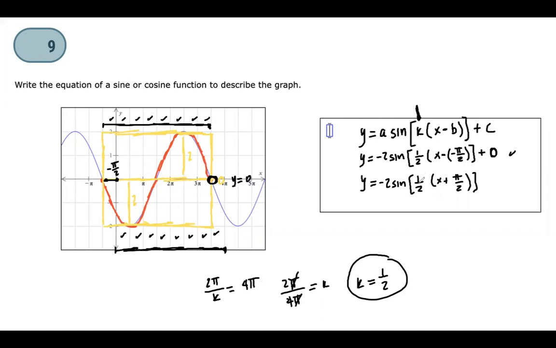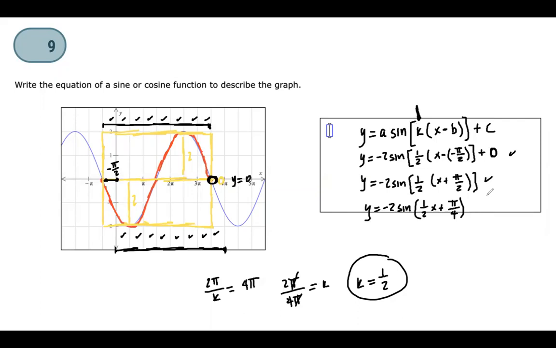Now, you could multiply this and end up with the other version of the equation. I don't find that necessary, but it would look like 1/2 of x plus pi fourths. And that would be another way of writing this.